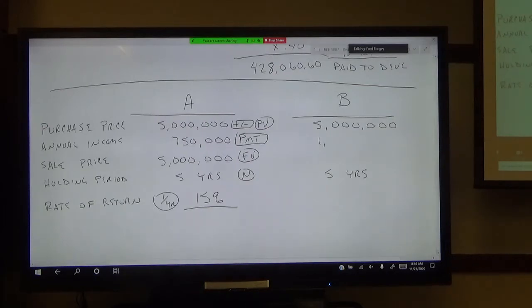Okay, and let's say on this one, we actually get $1 million each year. And our future value or our sale price is going to be $3,314,404.69.